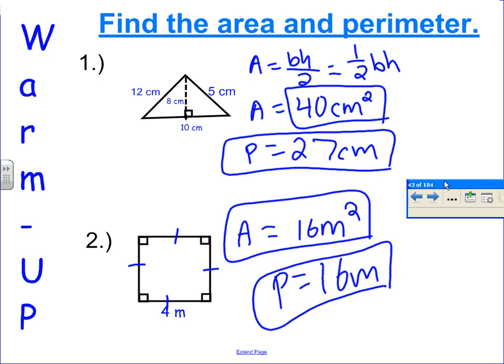So 5 times 8 is 40. Remember, I went over this yesterday at the end of class. There was a triangle just like this I had on the smartboard. Okay? Okay. Always the whole, if it looks like that, the whole thing. Half the base. Okay. Yeah, we didn't get to that yet.